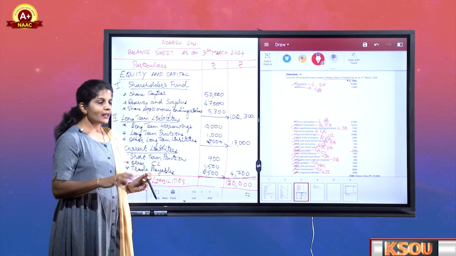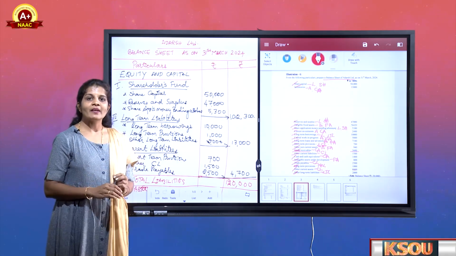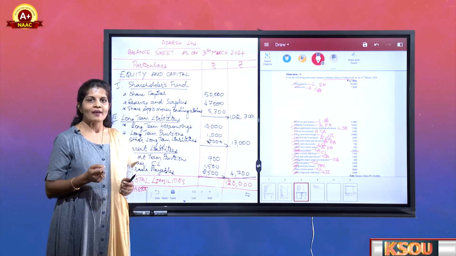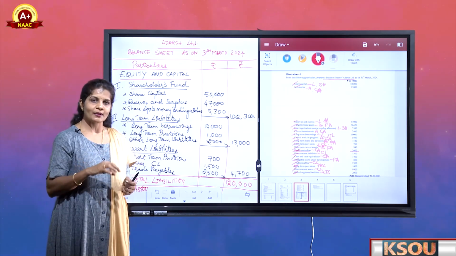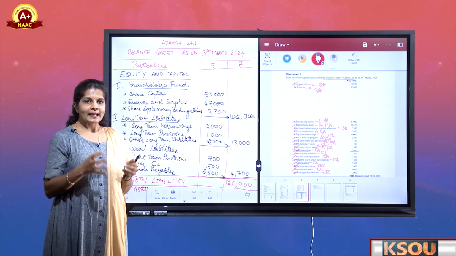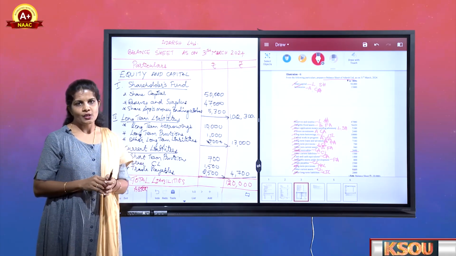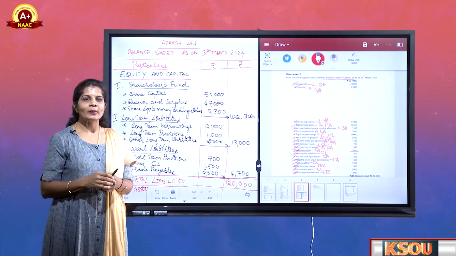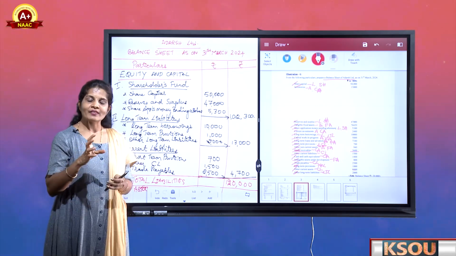So now let us discuss one more problem which will have both preparation of the statement of profit and loss and also the preparation of the balance sheet. Even in the examination, you will get a problem having both.